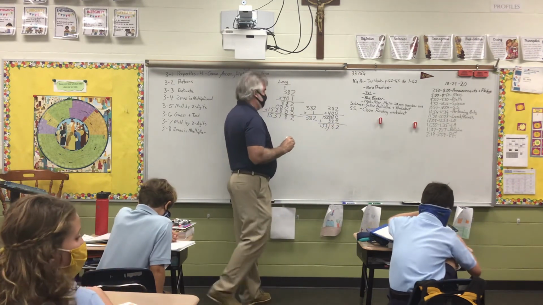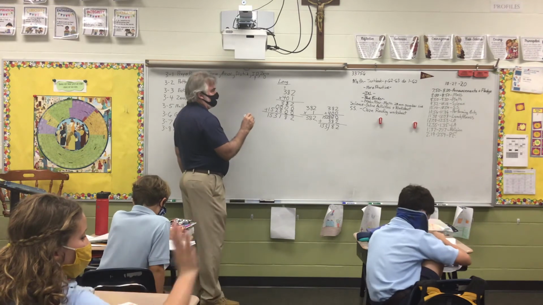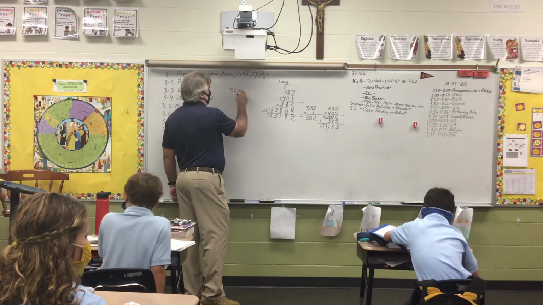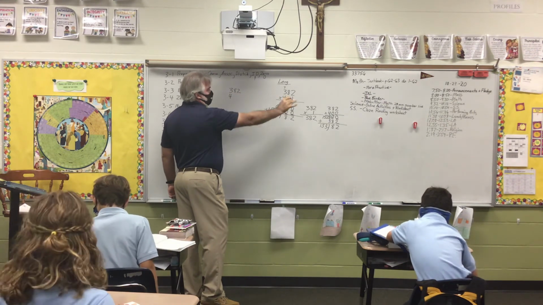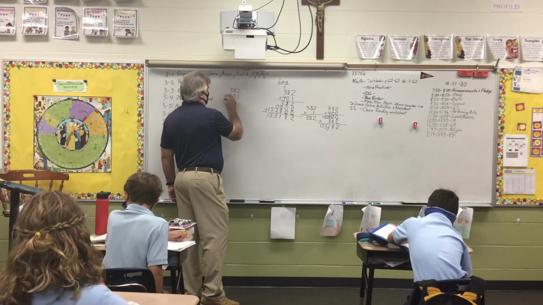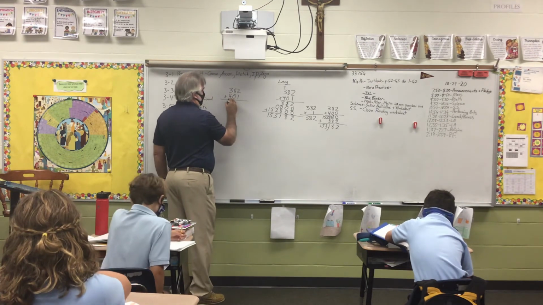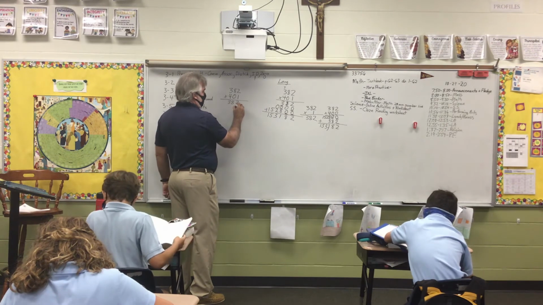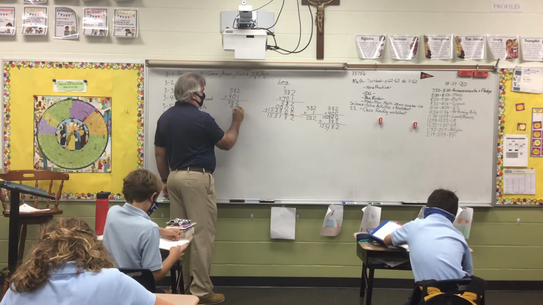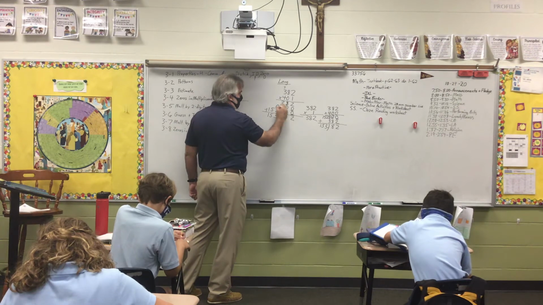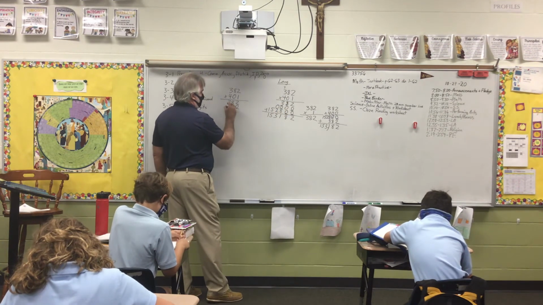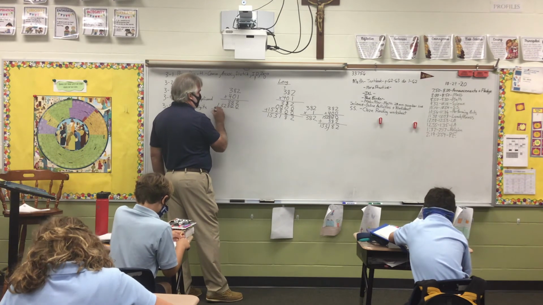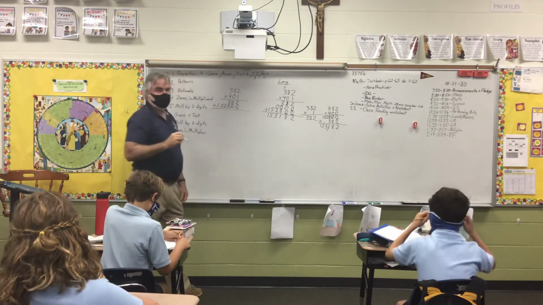Also, if you were to do this out the other way, the short way, which is what I was trying to show you over here, you're gonna have 382, and then you're gonna have 2 placeholders, because you're skipping this row here, and you're gonna have your 8, 2, 5, 1, and add those.